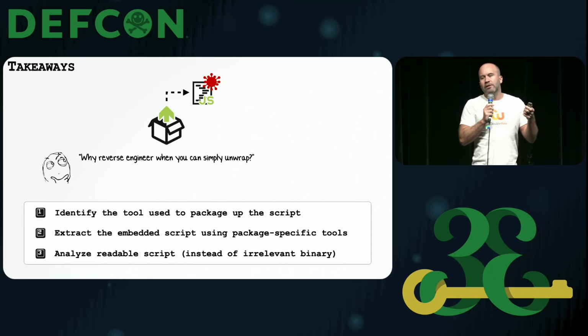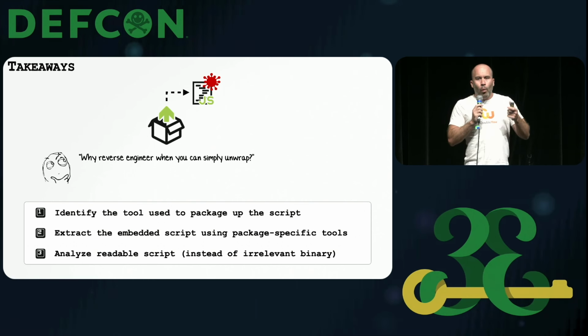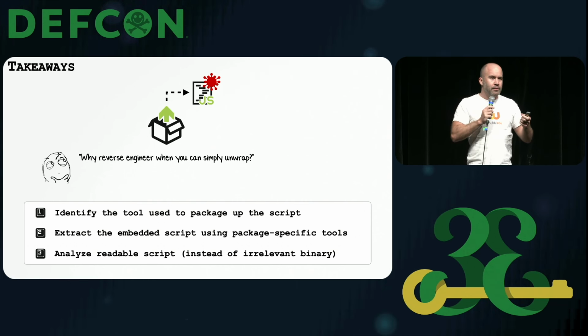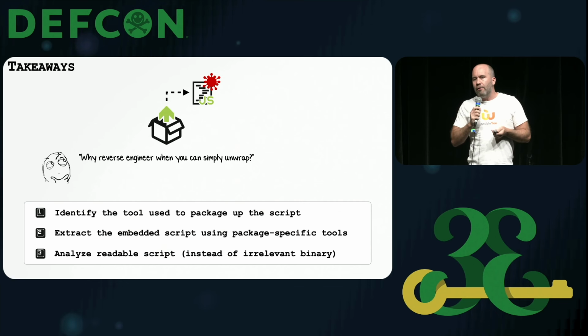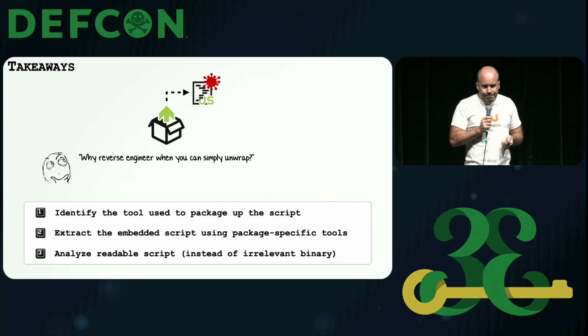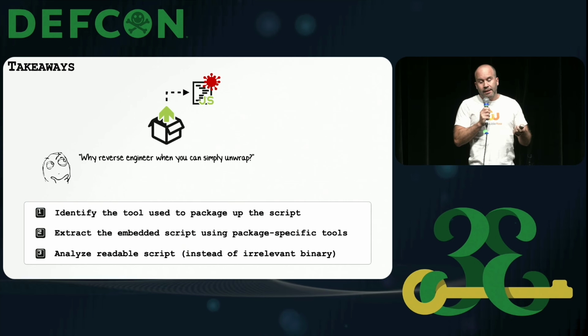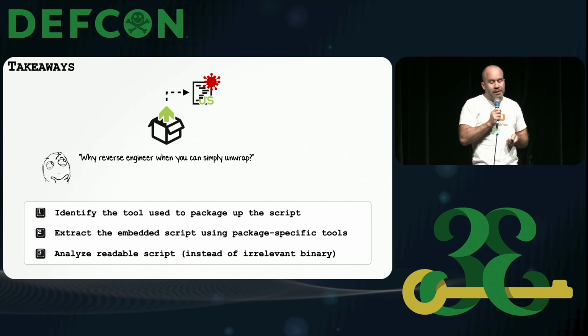And I guess the more specific three takeaways are: once you're looking at a binary, perhaps you're trying to figure out if it's malicious, if it's known, if it's good, what is it? First, see if it's built with one of these script-based packaging tools that we talked about today. If it has been, and we talked about how to identify those cases, you can then extract the embedded script using the package-specific tools.